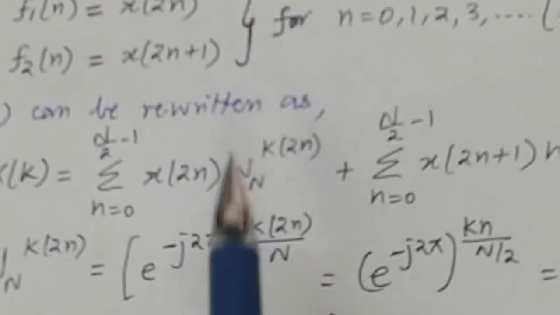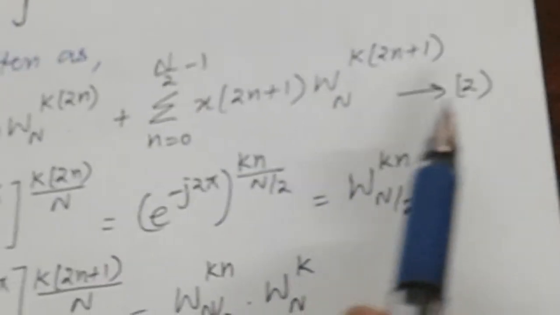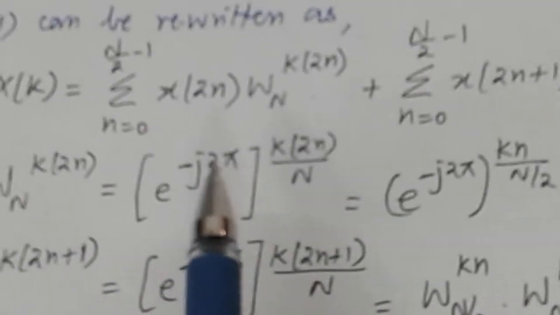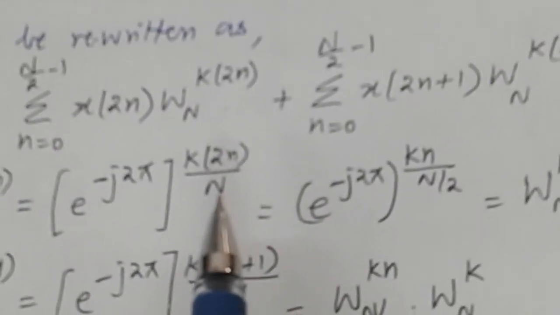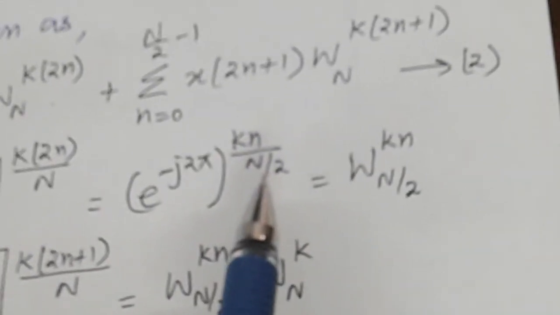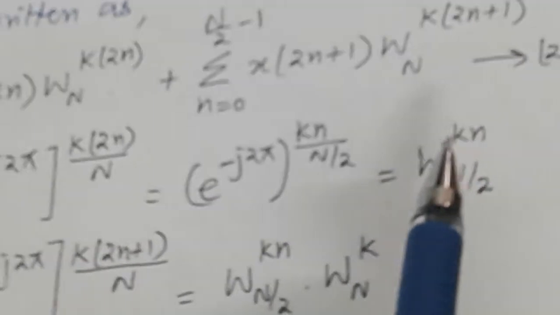Now we are going to deal with this phase factor or twiddle factor separately, and then substitute it again in equation number 2. So how do we deal with this? W N power k 2n. W N is nothing but the phase factor, e power minus j 2 pi kn by N. Instead of small n we have 2n, therefore k 2n by capital N. And this 2, when you bring it down, it becomes N by 2. This again can be written in terms of the phase factor W N by 2 power kn.